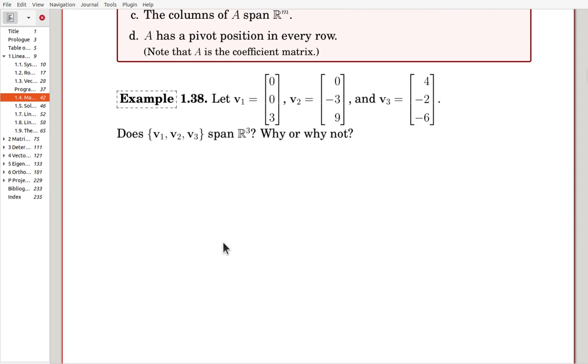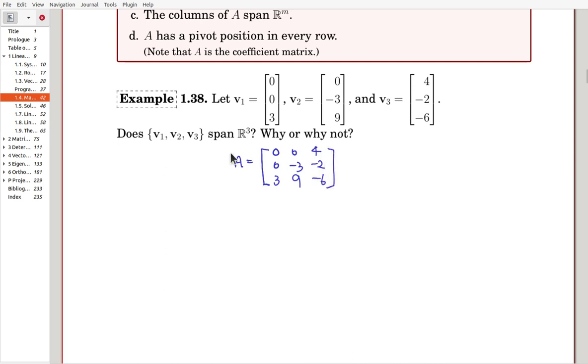So we consider a matrix that includes the three vectors v1, v2, v3: 0, 0, 3; 0, minus 3, 9; and 4, minus 2, minus 6.